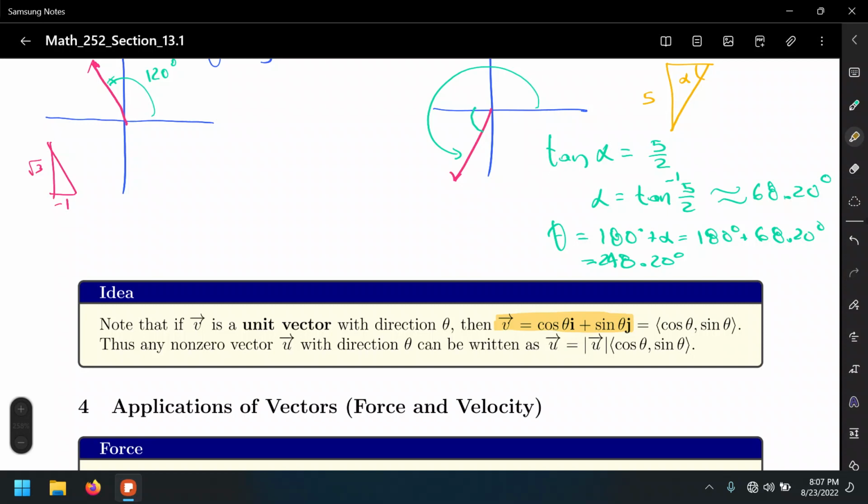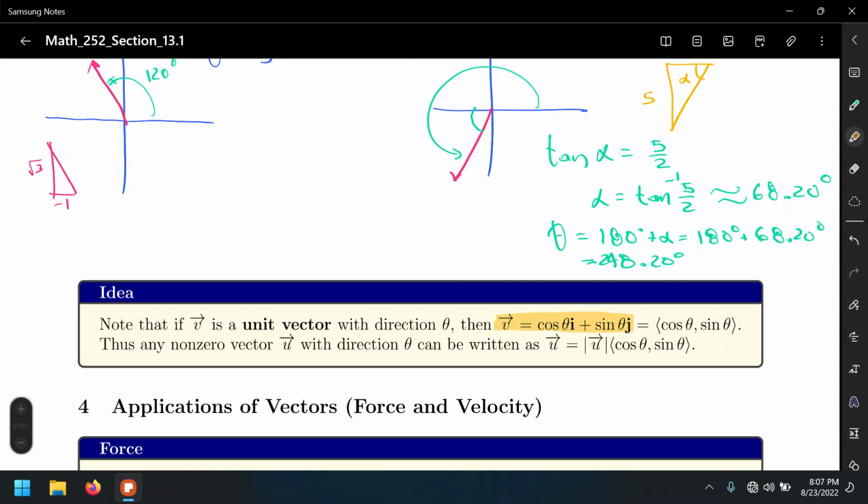We have cosine going in the direction of the unit vector i, the horizontal direction, and the sine function going in the direction of the unit vector j. That is, cosine is the x direction and sine is the y direction, like in the unit circle. For all those points in the unit circle, the x component is cosine and the y component is sine.